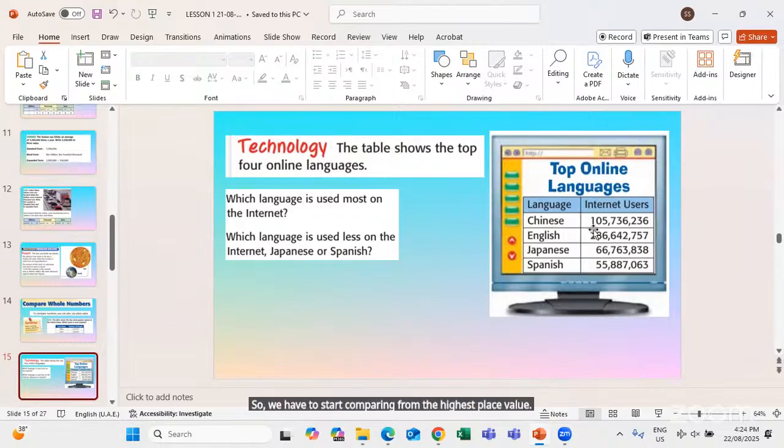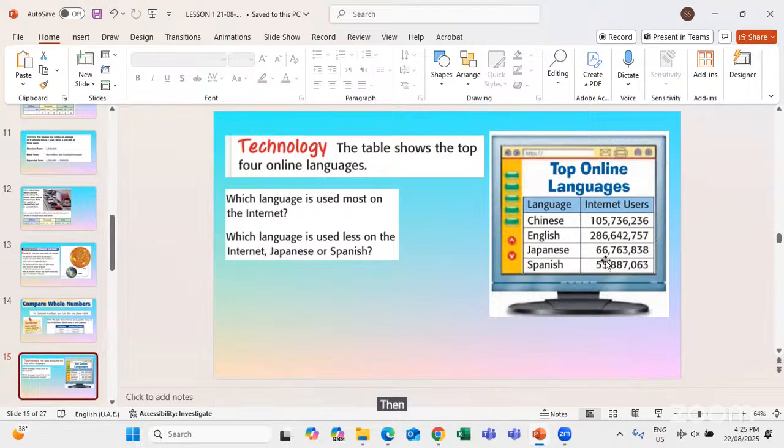But if you see, the first number, first read it, is 105,736,236. The second number is 286,642,757. Each three-digit group you have to read as a normal number in hundreds.